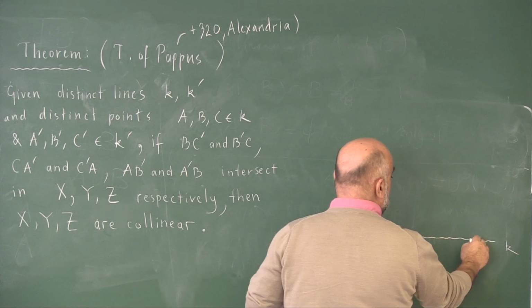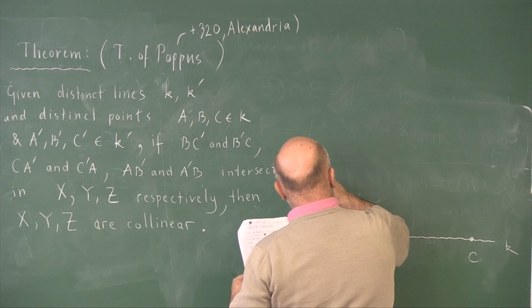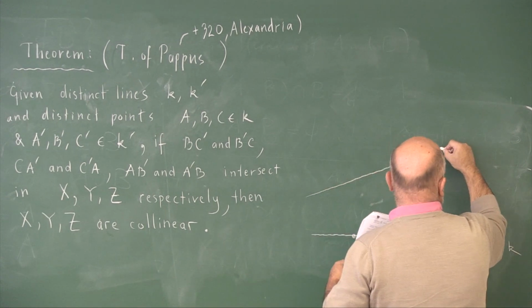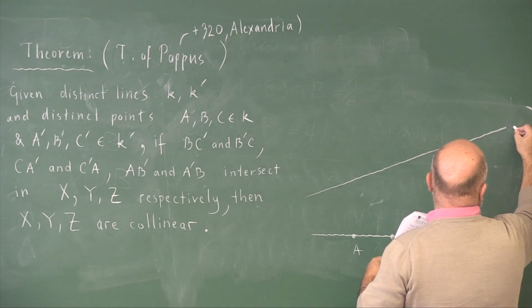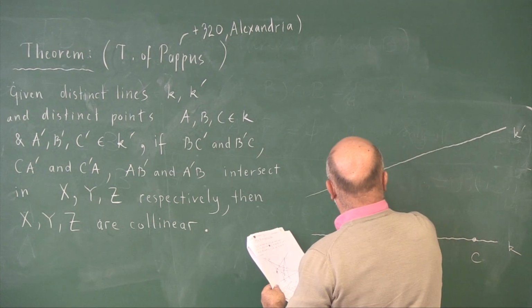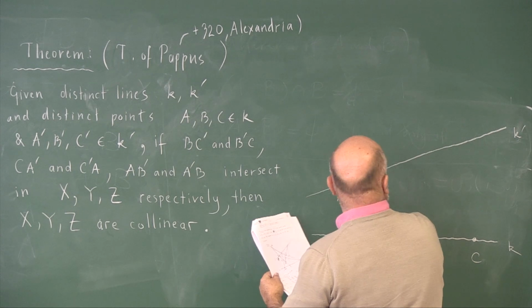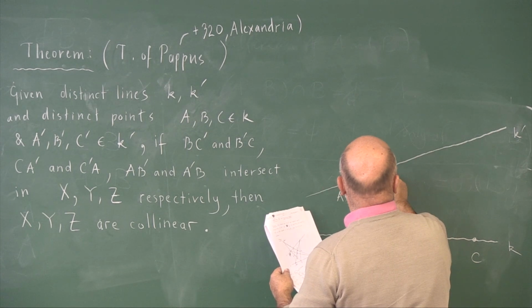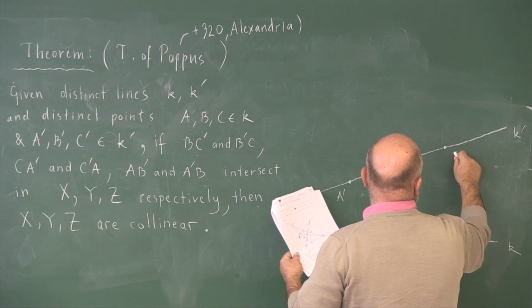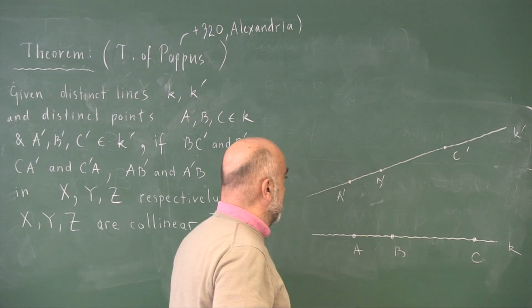And another line, K prime. A prime, so that's K prime. Well, A prime, B prime, let's say, C prime.